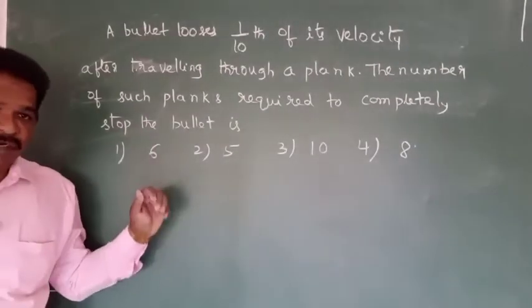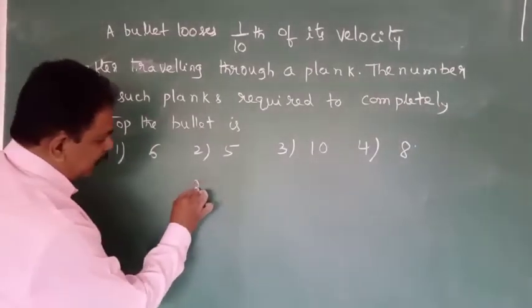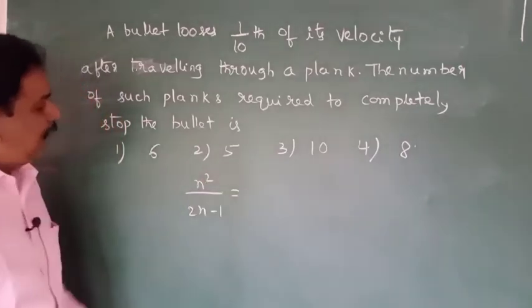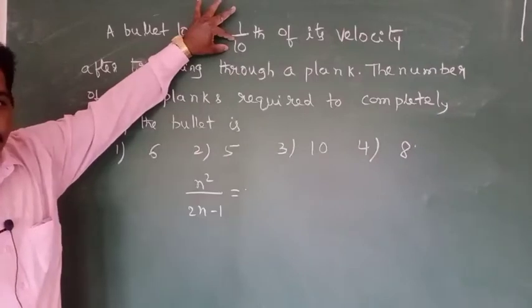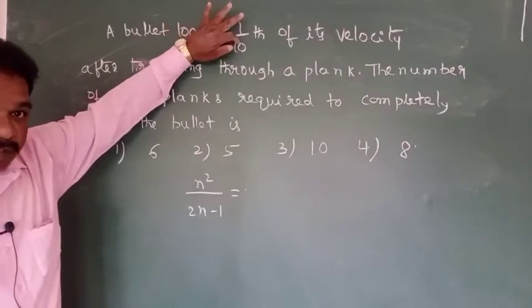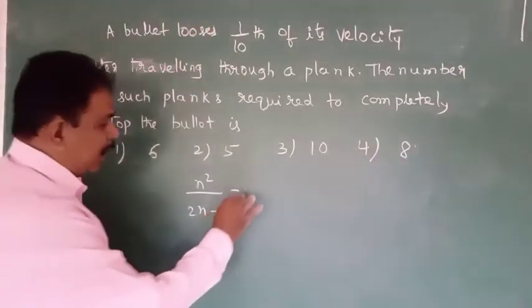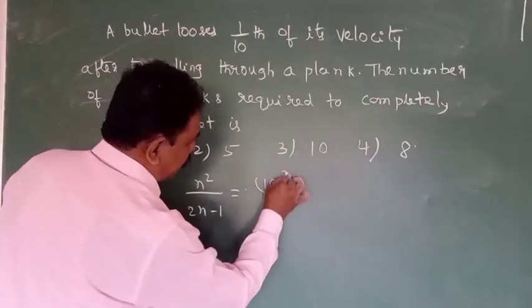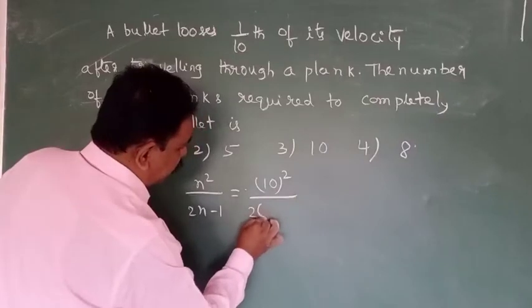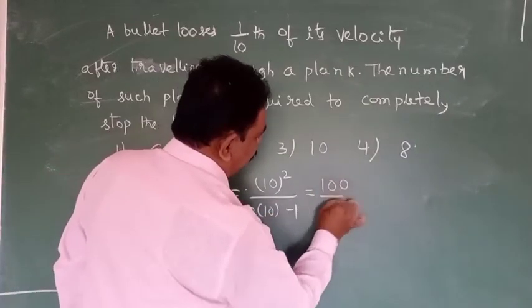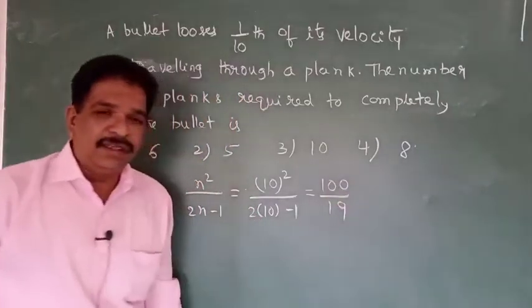Means what is the shortcut I told? N square by 2n minus 1. N value will be 10, not 1 by 10. N is 10. Remember, 1 by nth. So this value will be 10 square by 2 into 10 minus 1, 100 by 19.